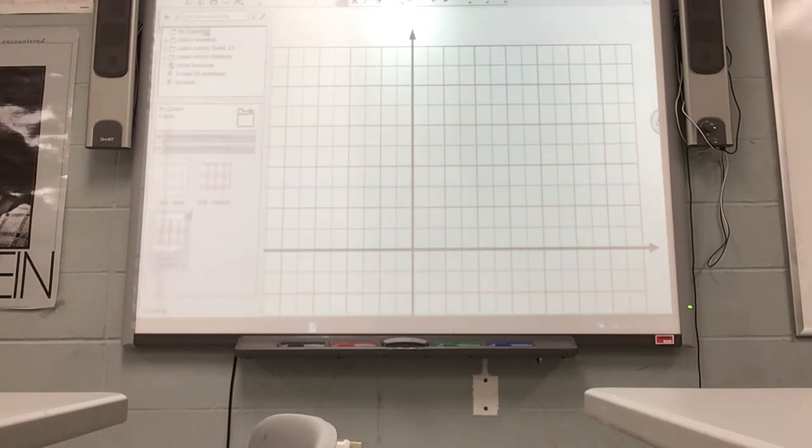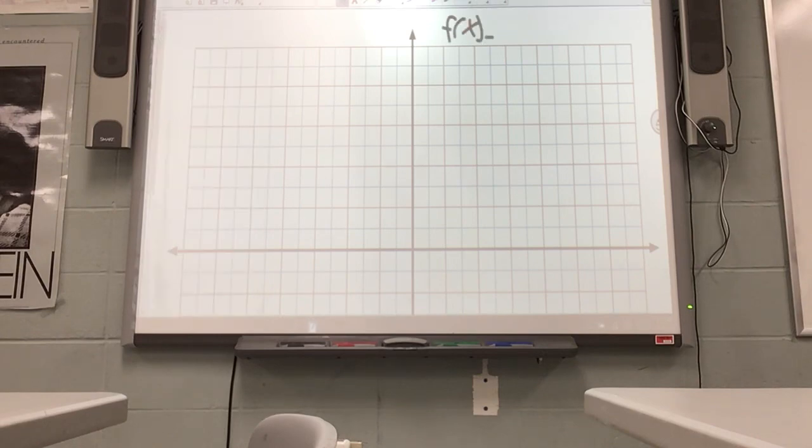Alright, so let's say we had f of x equals negative x squared minus 10x minus 25. So today, the only way we know how is graphing.